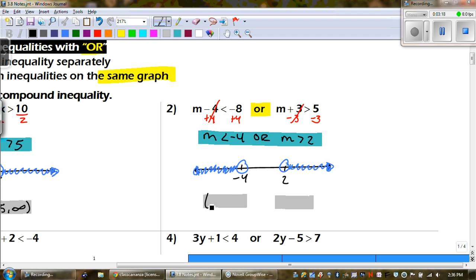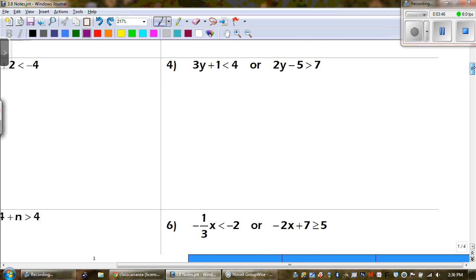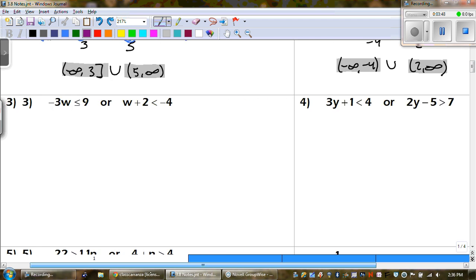So we start at negative infinity, open at negative 4, union, open at 2, and it goes to positive infinity. Okay, does that make sense? Remember the negative infinity, that's what that means right there. Negative 4, 2, and then we go to infinity. Just by looking at your graph, that's where we get all of the interval notation.